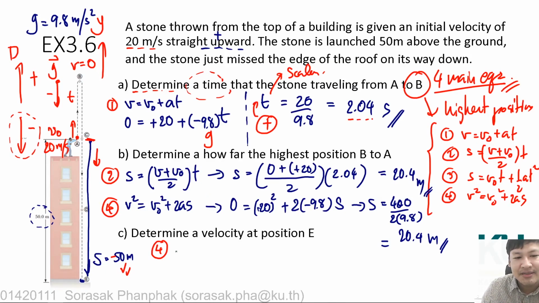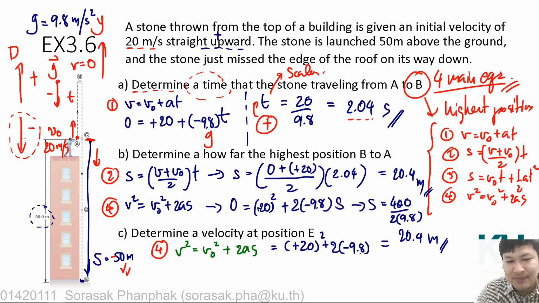That equation is v square equal to v0 square plus 2as. Now you can determine the terminal velocity here by subbing all the information in. So v0 is plus, because it's moving upward, plus 20 square, and plus 2 times your acceleration a, which is minus 9.8, right?